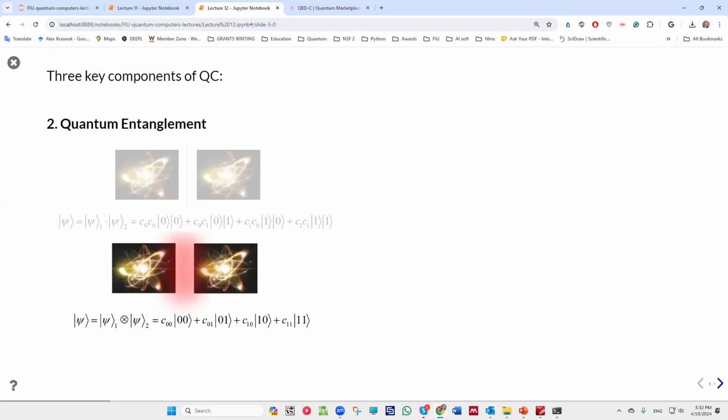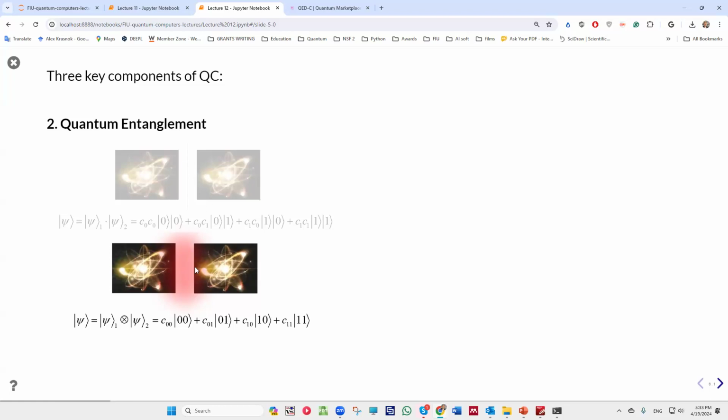The second key component of any quantum computer is quantum entanglement. Again, if you have isolated systems, isolated qubits, the total quantum state is the tensor product of the states of each qubit, right? And this differs from the system with interaction.